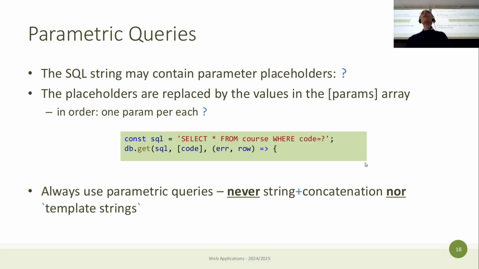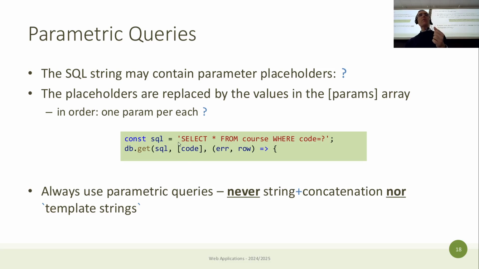There's a convenient way to use this information coming from outside the query, because the library supports this syntax: the question mark for every place where you need to put a value, which cannot be specified when you define the query. So select from course where code equal to, and I don't have the value now, but I need to get it from the code.